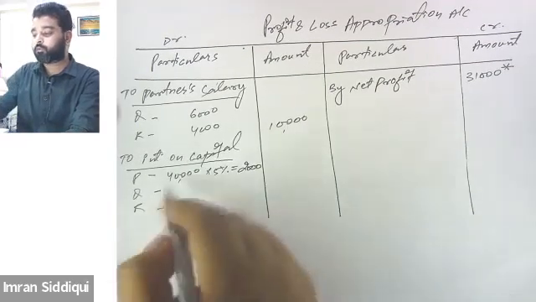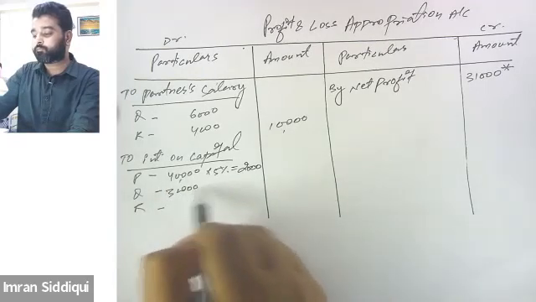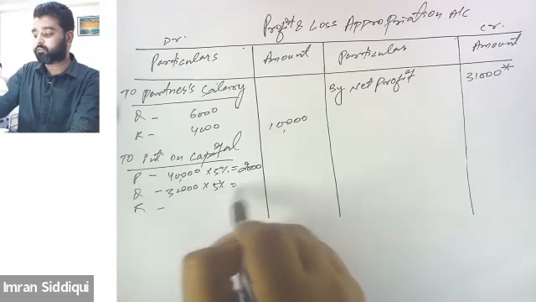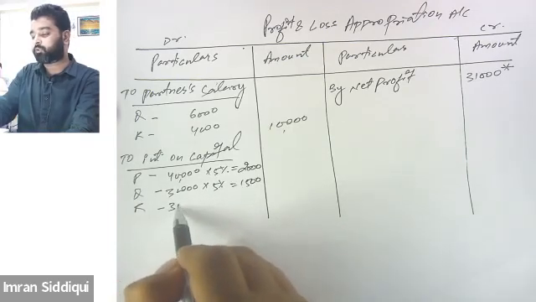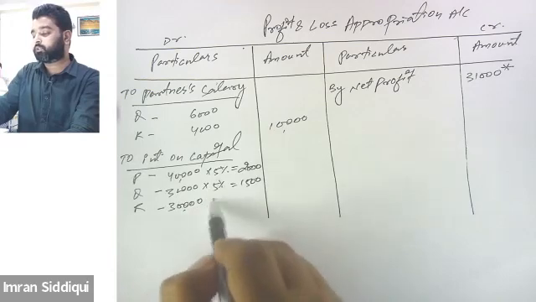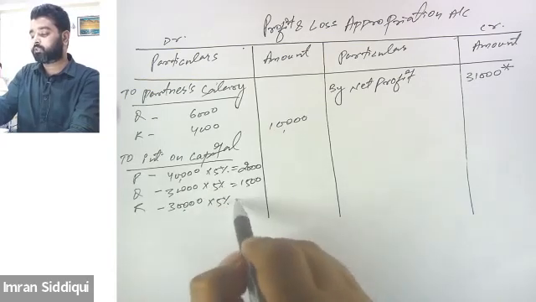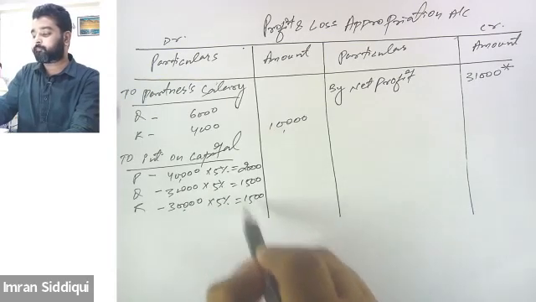Similarly, 30,000 into 5% will be 1,500. And R also contributed 30,000, so on 30,000 we will charge 5% interest. It will be 1,500 as well.